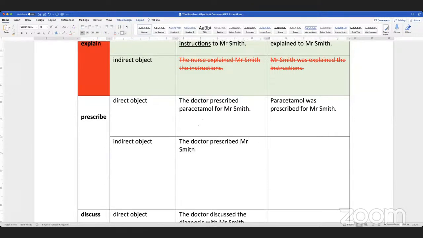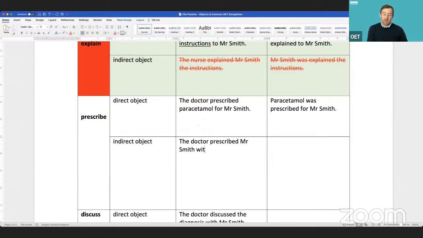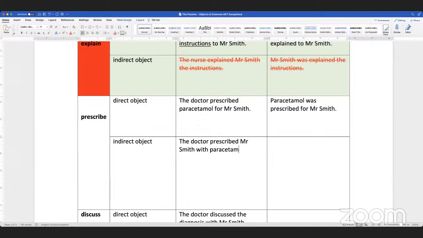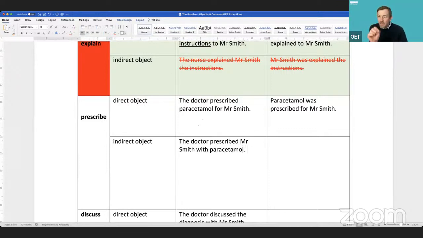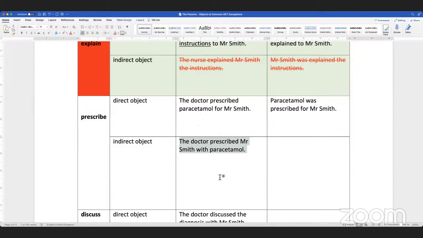No. Now, generally, I would put a preposition here with paracetamol. So we're going to see lots of little things here, these prepositions and how they change from sentence to sentence. But okay, the doctor prescribed Mr. Smith with paracetamol. As a class, answer me, are you happy with that sentence? No. No. No. Yes, it is.